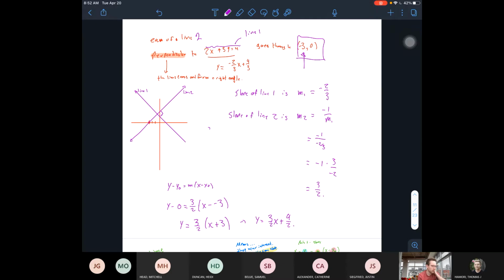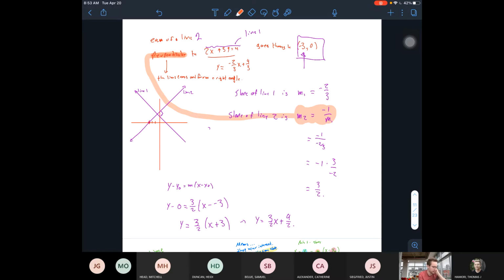Any questions about perpendicular lines? All right, I think the most important thing to remember is that if two lines are perpendicular, then the slopes of the lines satisfy this property, that each slope is the negative reciprocal of the other one.